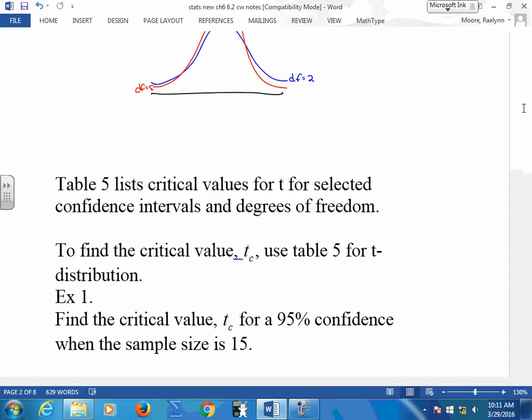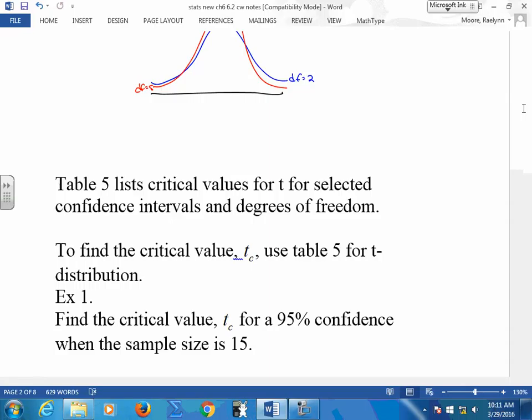We don't use those for this. All we use is the top one, where it says level of confidence C. And look at the left-hand side, DF, that's degrees of freedom. So when you go to look this up, you'll notice it doesn't say N, it says DF. So it kind of forces you to take your N minus 1. I like the table for that reason.